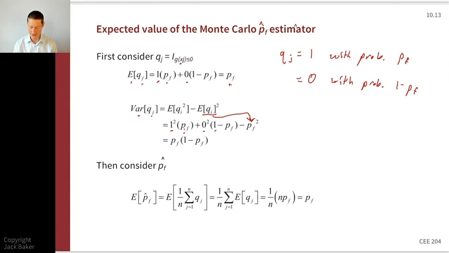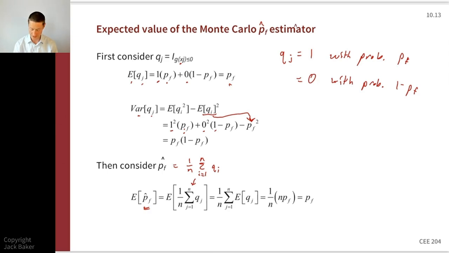And then let's consider this Monte Carlo estimator, pf hat, which is the average of a bunch of samples, 1 over n sum j equals 1 to n of qj. So let's think about this one. So on average, the expected value of this thing is going to be the expected value of the way we're computing it, 1 over n sum j equals 1 to n of the qj's.